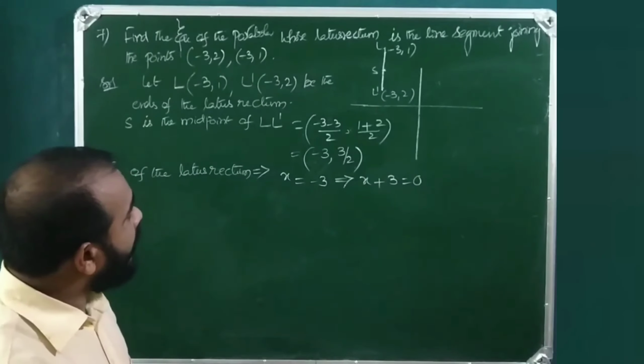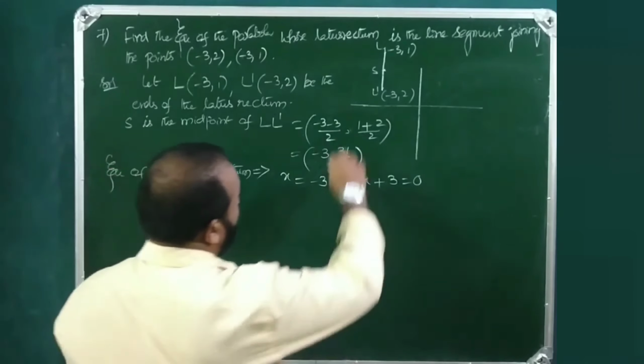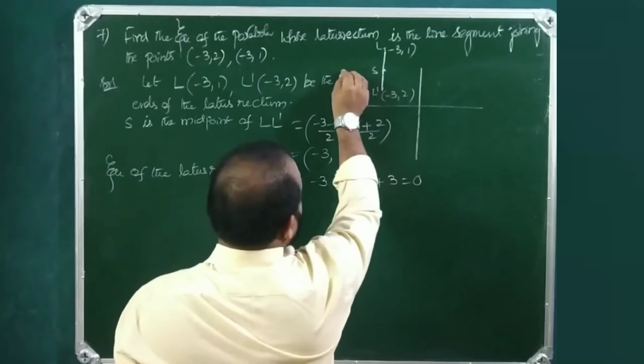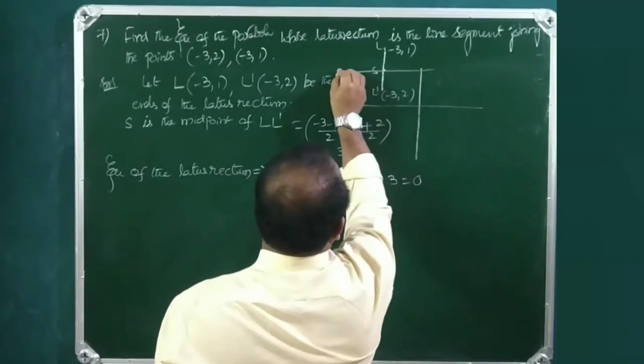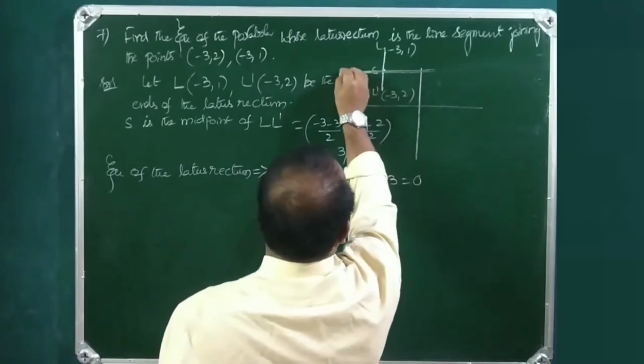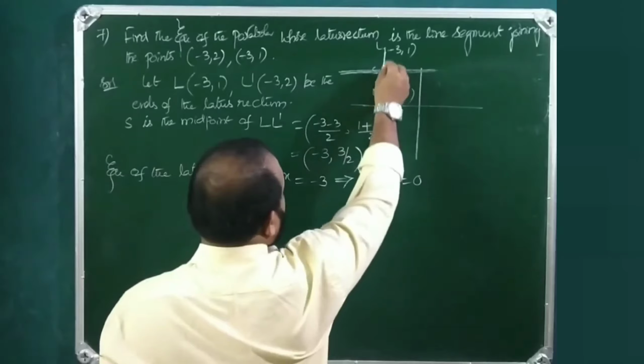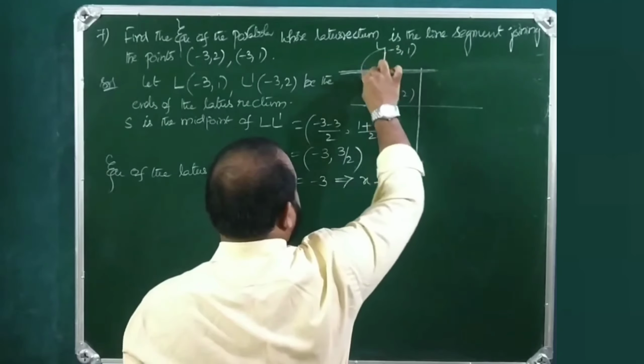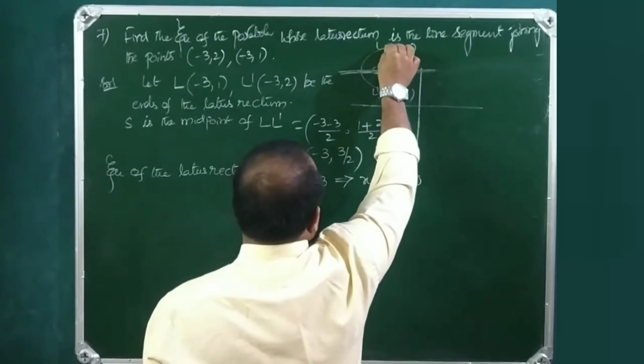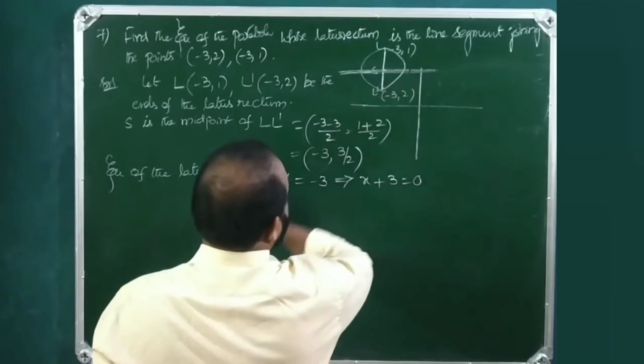Now the parabola could be like this, with this as the principal axis, or the parabola could be like this.